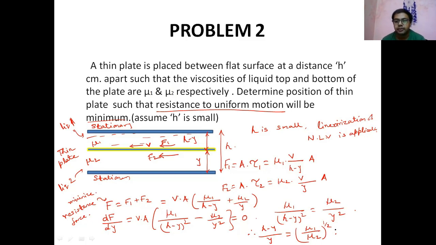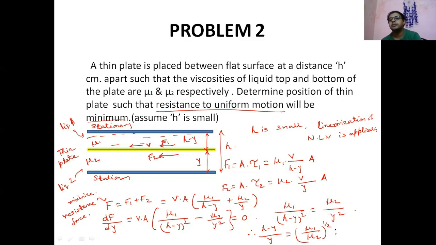That is another kind of problem. Here also you are applying the linearization of Newton's law of viscosity. So you are getting the total force: F1 due to the top side liquid, F2 due to the bottom side liquid, but the direction is the same. You get the net shear force.